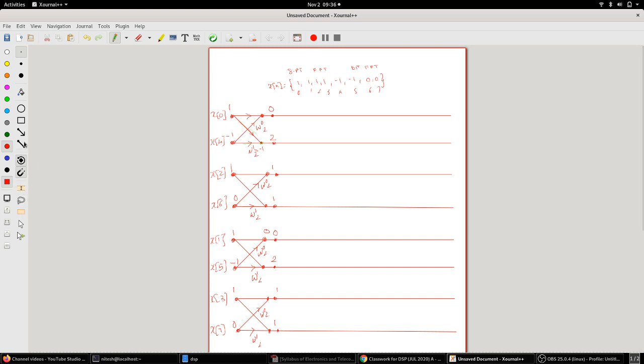Now we have to move towards the 4-point. Now the 4-point structure will involve these here. Okay, so these are the 4 points you now have.